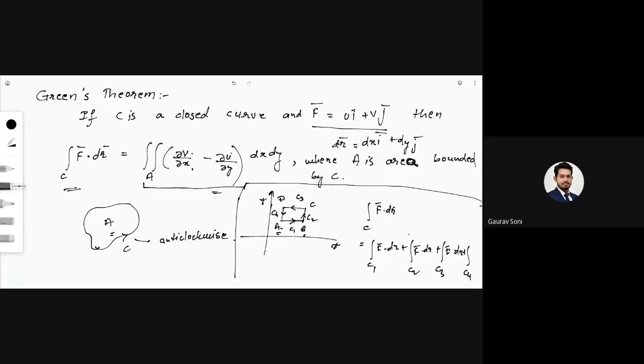So if I want to find the line integral over C, I have to find 4 different integrals. But by Green's theorem, what will this be actually equal to? Double integral over A, partial derivative of V with respect to x minus u with respect to y.